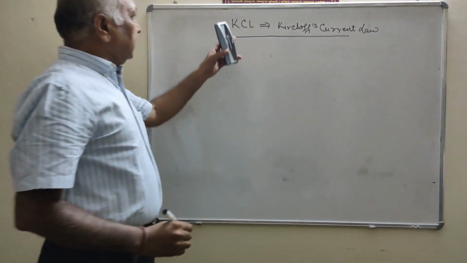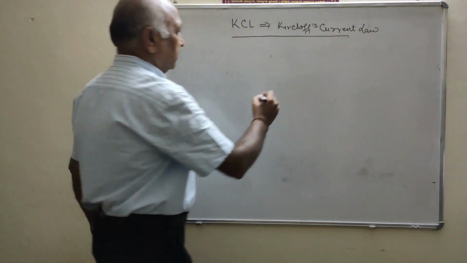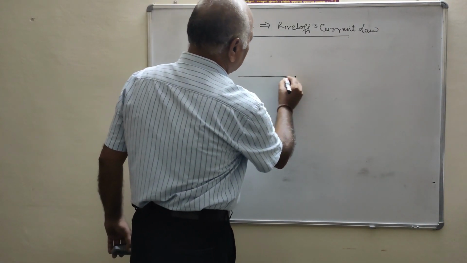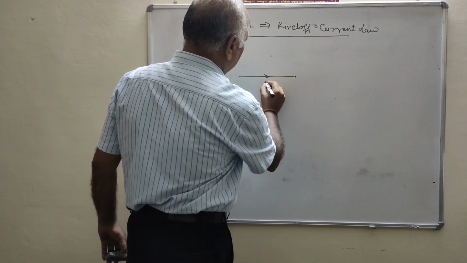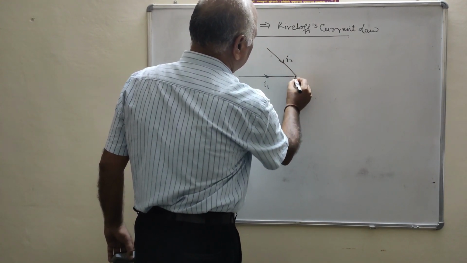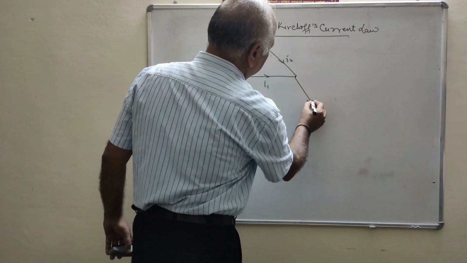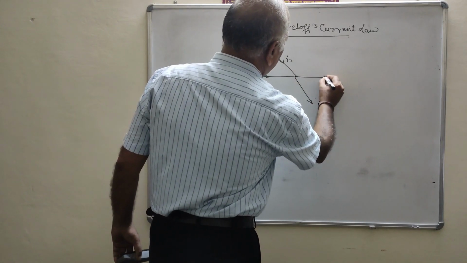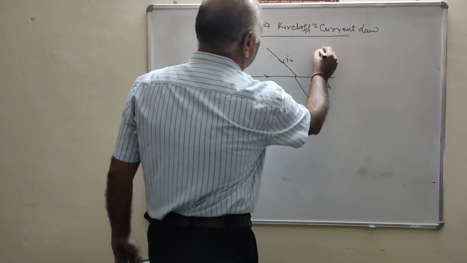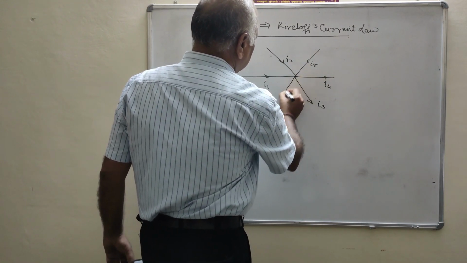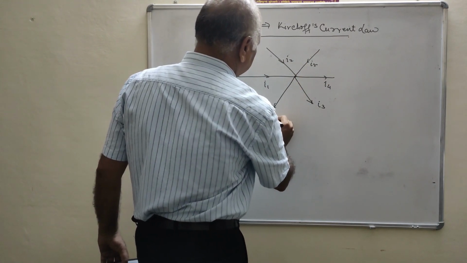Clear? Kirchhoff current law. Here you will see, say this is a junction, this is the current I1, this is the current I2, this is the current I3, this is the current I4, this is the current I5 and this is the current I6.